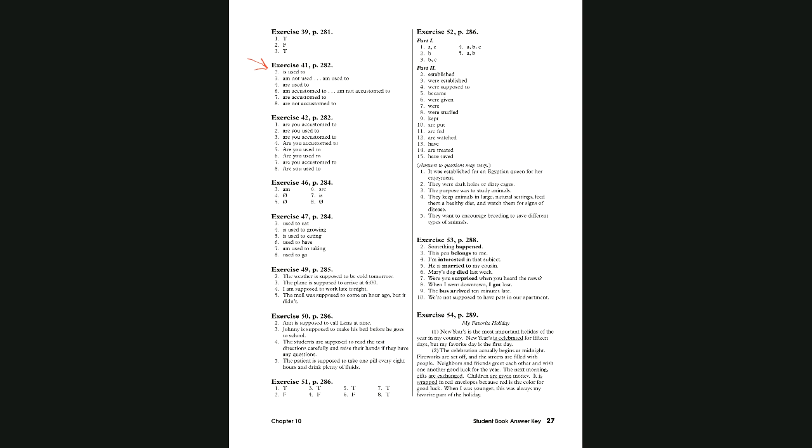Because she's used to living in New York City. So it's a big city. Exactly. She has lived in a big city most of her life. Now she's going to school in a small town, so she is not used to living in a small town. So we've got to use the negative.